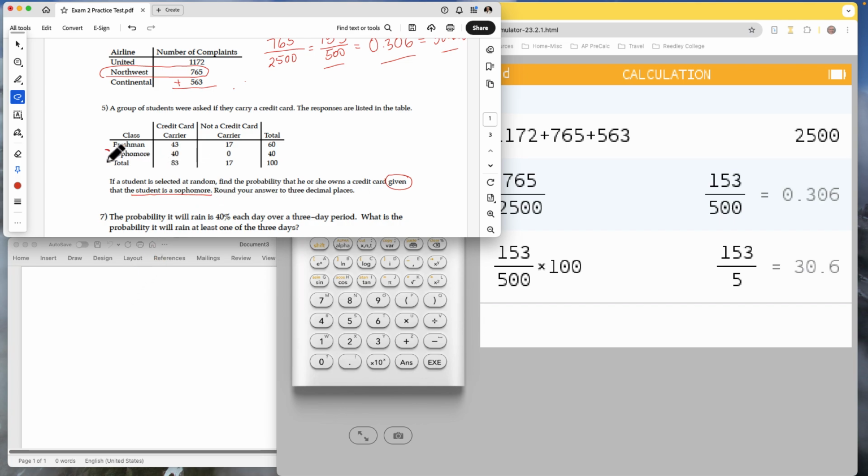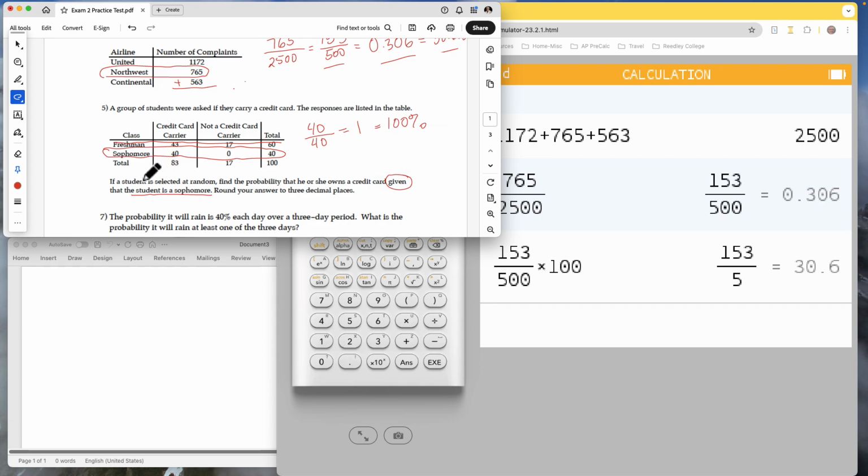So what we do know is that the student that was chosen was a sophomore. So this is the only data we need. The freshmen don't exist at this point. Neither does the total. So what we have is, of the sophomores, those who carry a credit card is 40, and the total number of sophomores is 40. So in this case, that's going to be equal to 1, which is also equal to 100%.